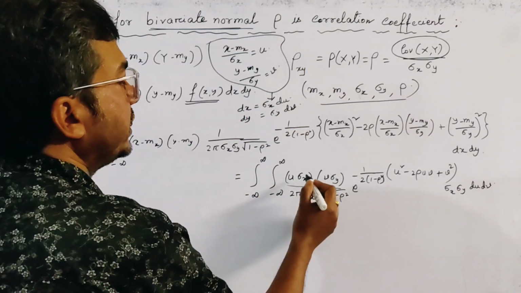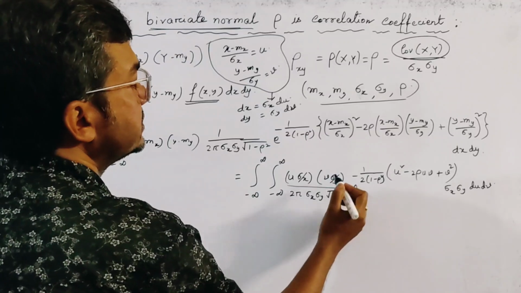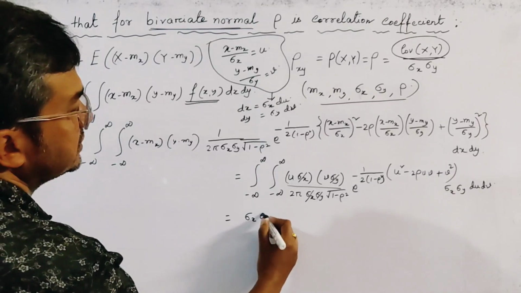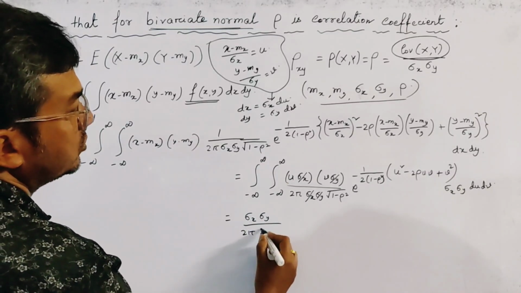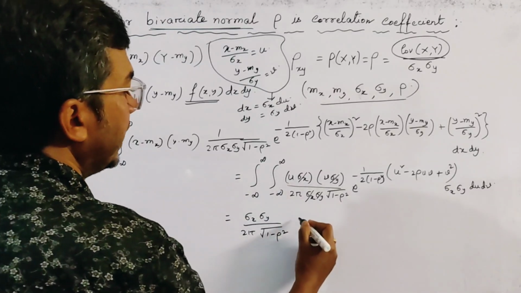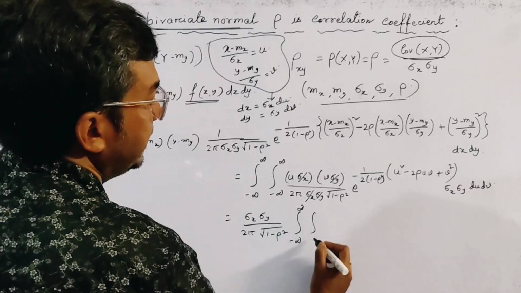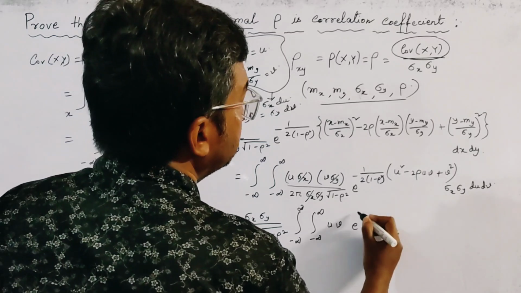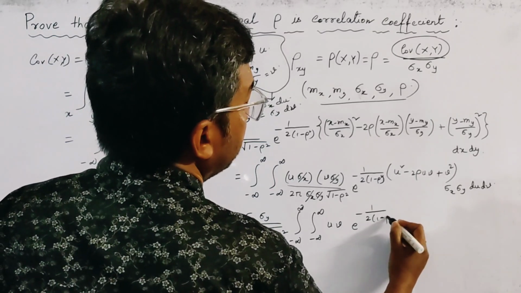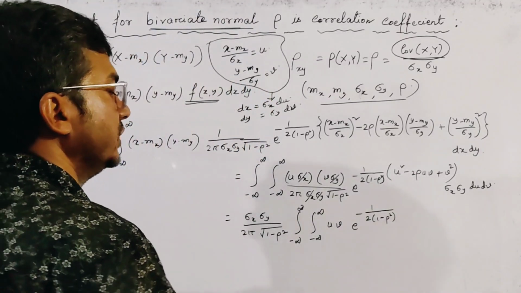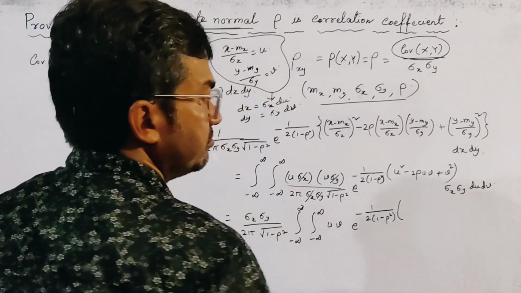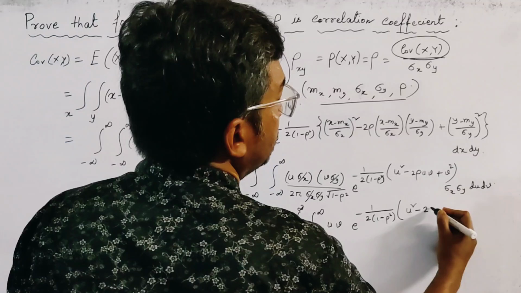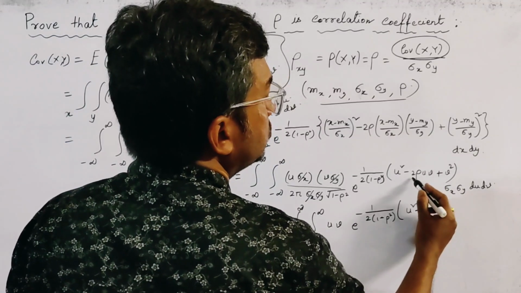Right, now we cancel out this sigma x, this sigma y, this sigma x, this sigma y, and get the result as sigma x sigma y by 2 pi into root of 1 minus rho square, integrated from minus infinity to infinity, also minus infinity to infinity, u v and e to the power minus 1 by 2 into 1 minus rho square, into, we write this term as u square minus 2 u into rho v, because this is 2 rho u v.